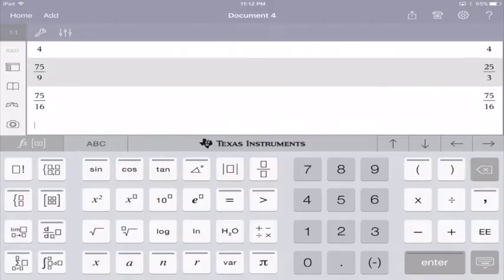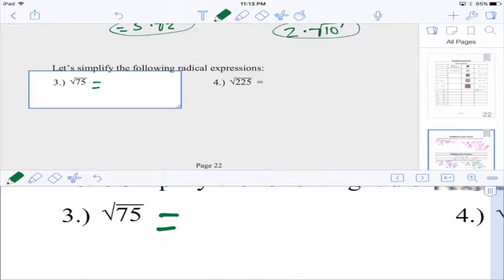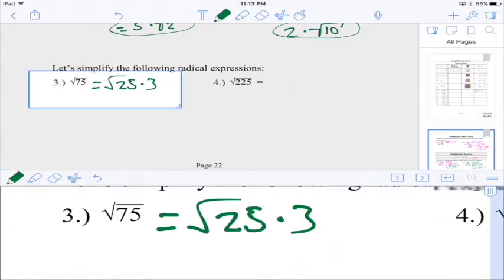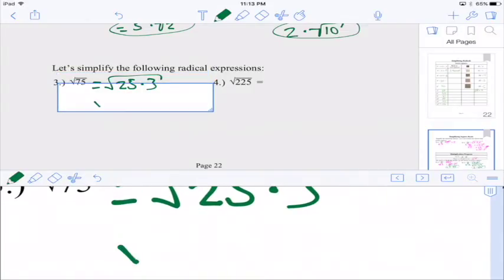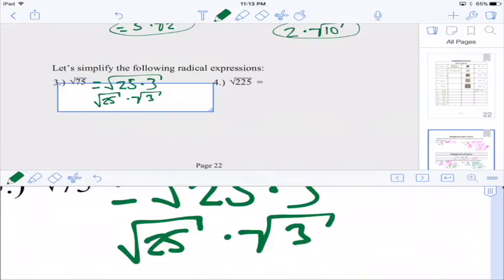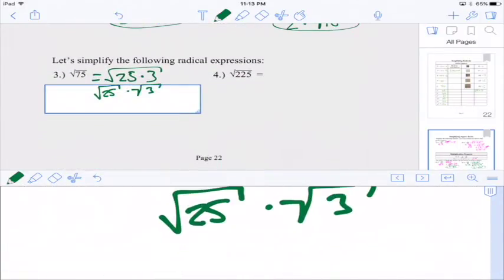That's 4 squared. That didn't work. 75 divided by 25, that worked. So 25 times 3. So I can break that into 25 times 3 under my square root, which I can break using that property. Square root of 25 times square root of 3. That's that multiplication property I just showed you. And square root of 25 is 5. So 5 times the square root of 3.